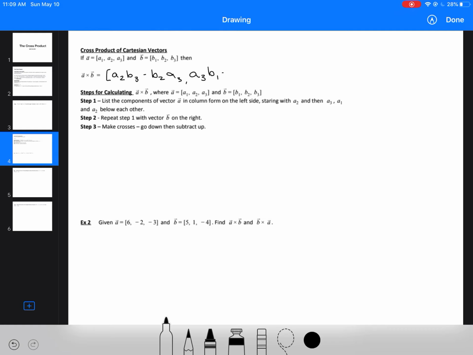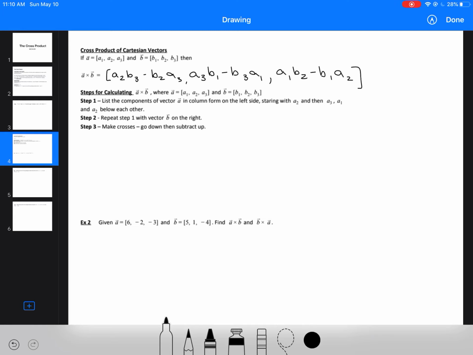Then we've got A3 B1 minus B3 A1, and then the last coordinate is A1 B2 minus B1 A2. The cross product between two vectors gives us a third vector. This is kind of complicated, but it's a process that you should memorize.